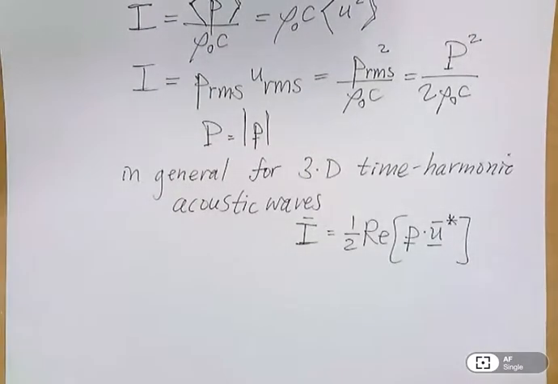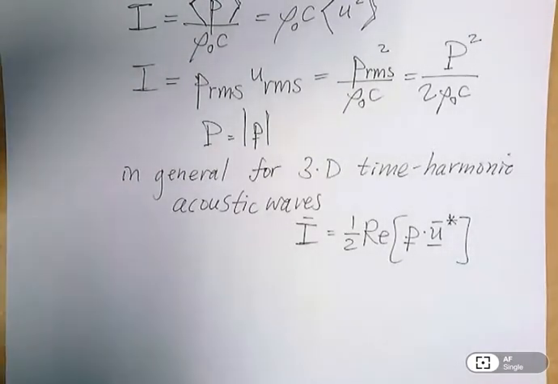And you can demonstrate this by substitution yourself to find that, in fact, the product of the complex acoustic pressure and the complex conjugate of the particle velocity does indeed lead to the vector component of the acoustic intensity.